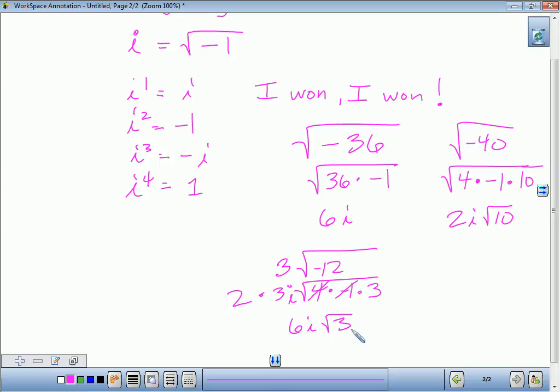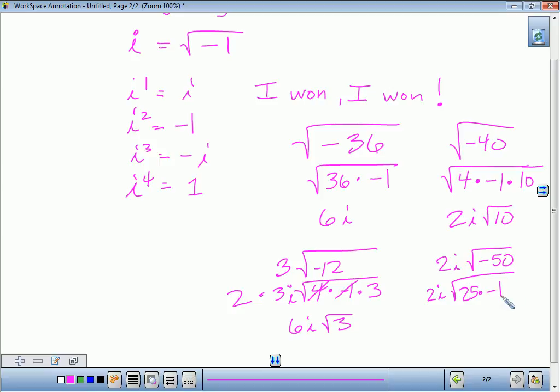Can we do another one of those? Sure. Let's say we had 2i root -50. Okay, so -50 will break down into the largest perfect square that divides into 50, which is 25.